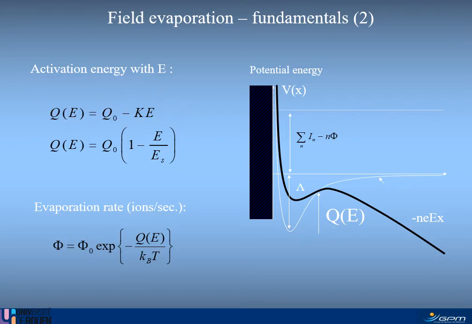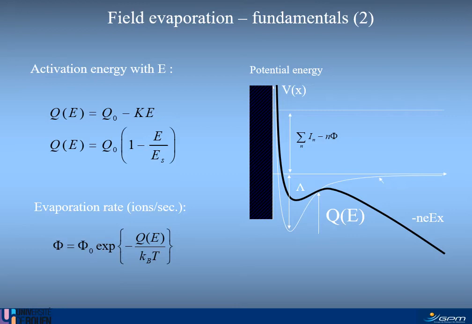Then you can substitute K in the expression as a function of ES, and so you will be able to write that Q of E is equal to Q0 multiplied by this factor.